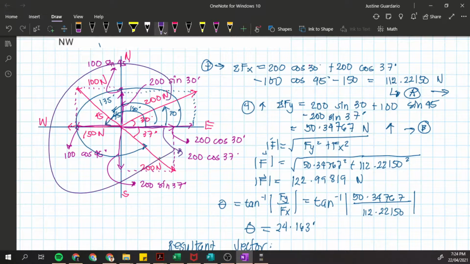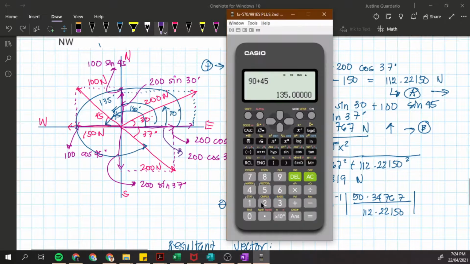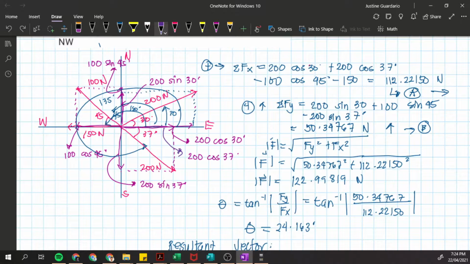So, isang paikot na to, 360 degrees. So, basically, pwede natin subtract si 37 sa 360 minus 37. Makukuha na natin yung angle na yon, 323 degrees. Okay, so we have here 323 degrees for our 200 Newton.